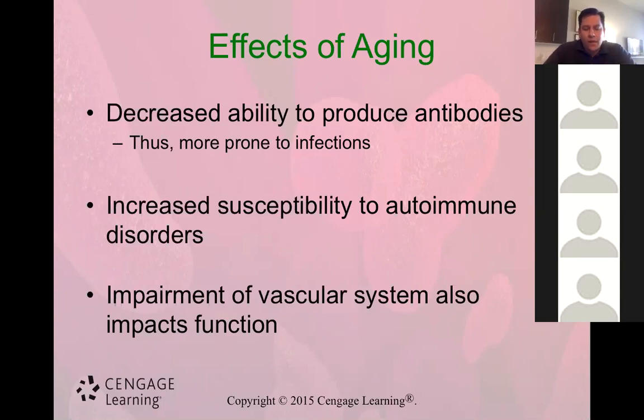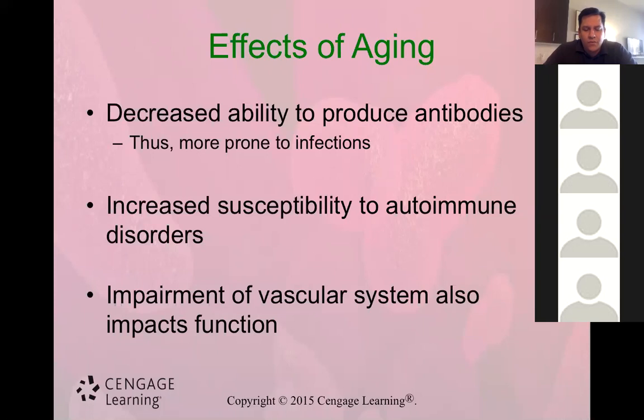As the individual ages, there is decreased ability to produce antibodies, leading to a decrease in the normal immune response, which interferes with the normal ability to ward off infections. If other chronic diseases are also present, the individual can be at an even higher risk for poor healing and development of infections.